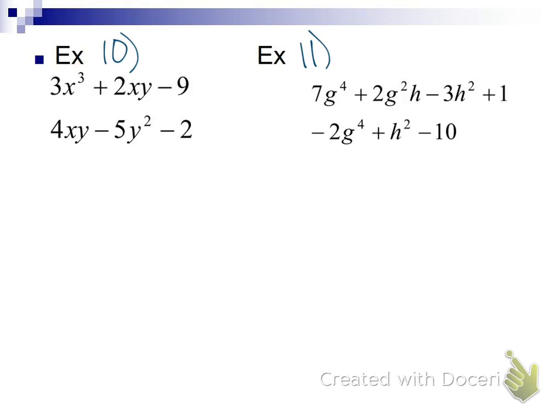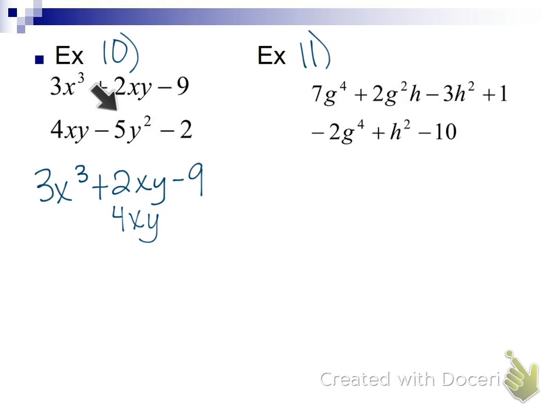Okay, if we were to rewrite it, I'll rewrite the first one exactly the same. Is there anything that I need to line up under the 3x cubed? No, because there weren't any x cubes here. The 4xy is going to go underneath what? The 2xy. So line that one up.